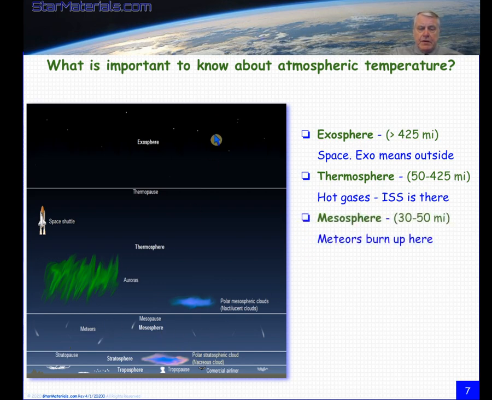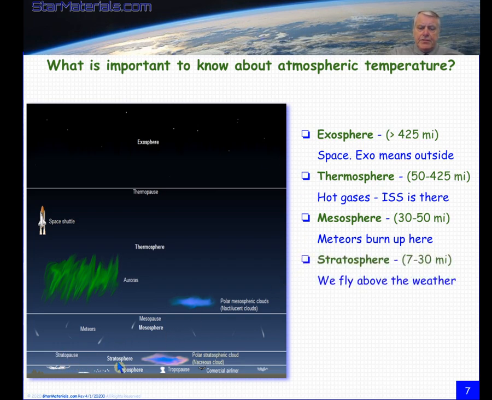The mesosphere, as you go from the exo to the thermosphere to the mesosphere, you're getting more and more air molecules. And that's why meteors burn up here, because in the thermosphere there's not as many air molecules, so there's not a lot of friction.